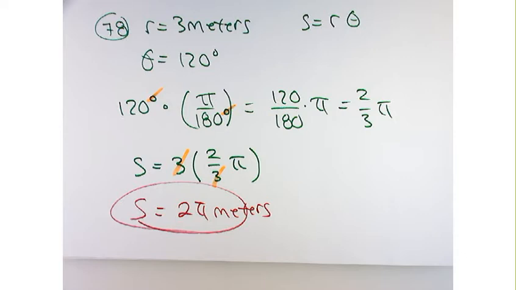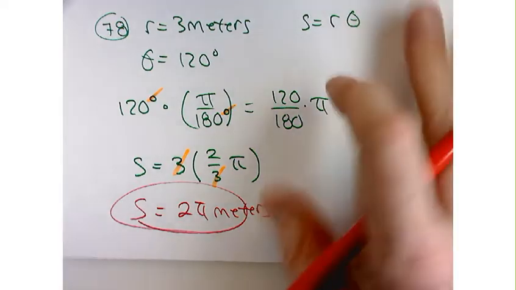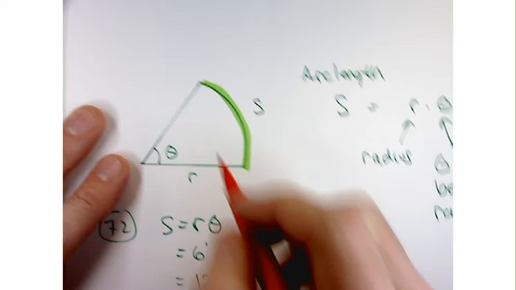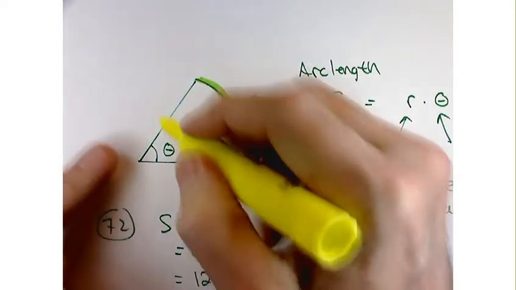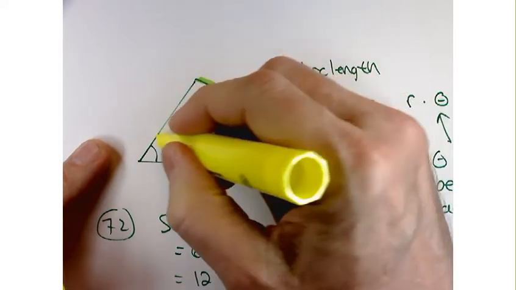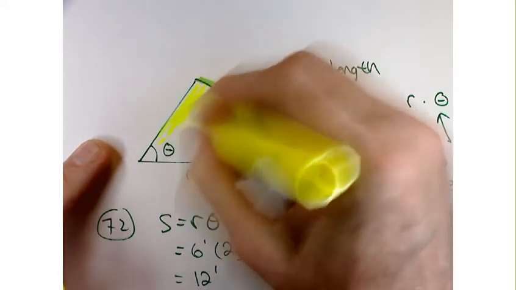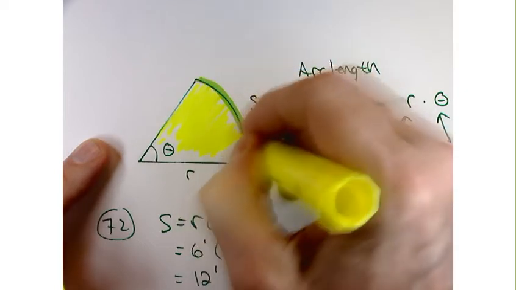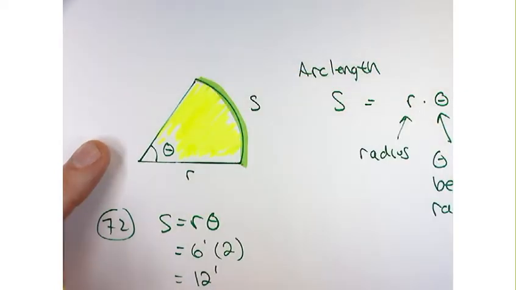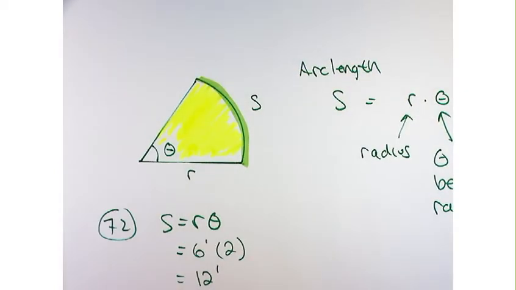So, nice. Let's go back up to this formula here and add another thing here that we can calculate, and that would be the area. So how much area is in this little wedge here? And the area for that is given by another simple formula.